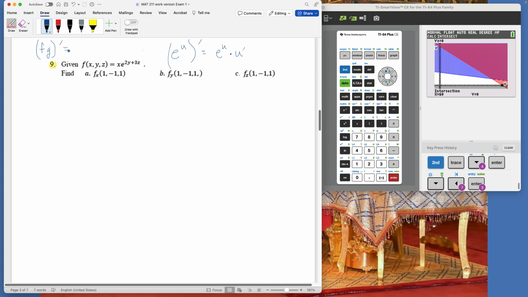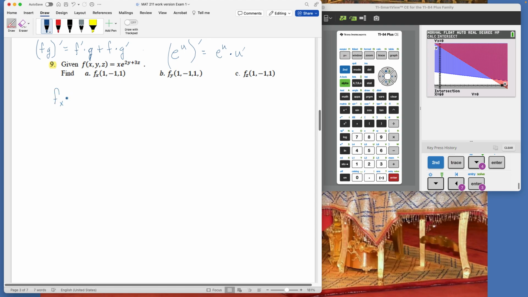Okay, but if you need to use the product rule, remember, you take the derivative of the first function times the second function unchanged, just sort of copy it over there, plus the first function unchanged times the derivative of the second. Okay, so let's find the partial derivative with respect to x, and then we can plug in these points.